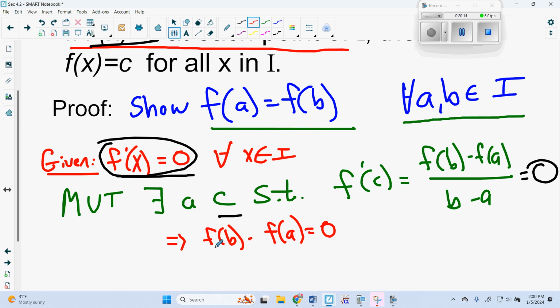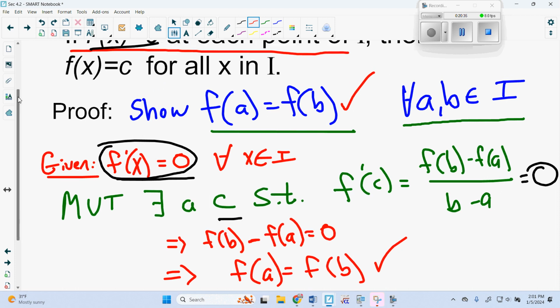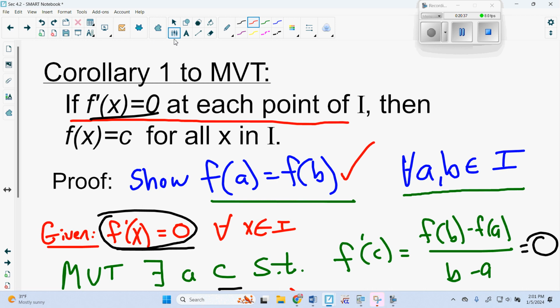So we now know that the top of the fraction has to be 0, which then implies, once again, that f of a equals f of b, and that's what we're trying to show from the beginning. So that's how we can prove this corollary. A corollary basically is just an easy theorem to prove that is based on a bigger or more important theorem.